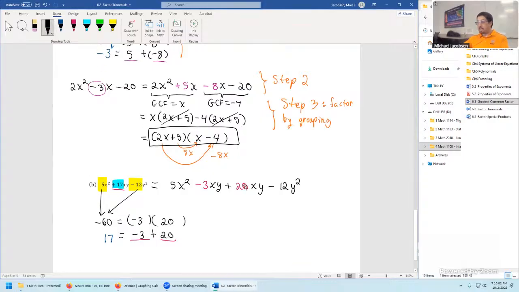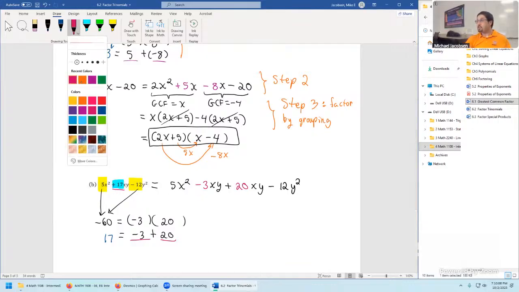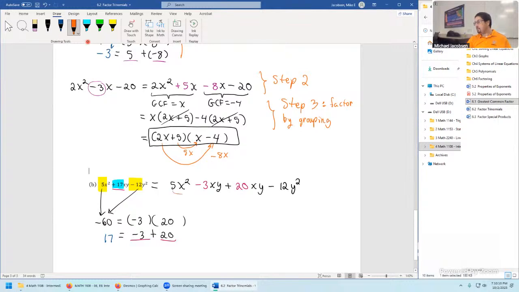So really all I've done in this step is, well, we definitely made it look more complicated, but we broke up the 17 here. And that's just because from here to here, there's now a greatest common factor. Looks like all we can do is take out the factor x, so it's going to be a fast one.